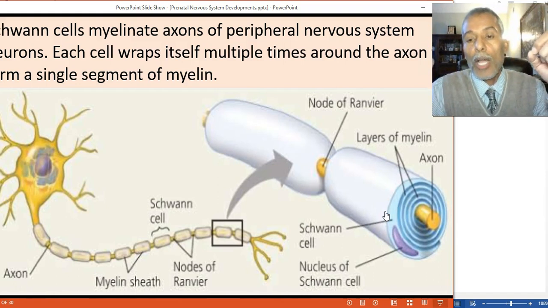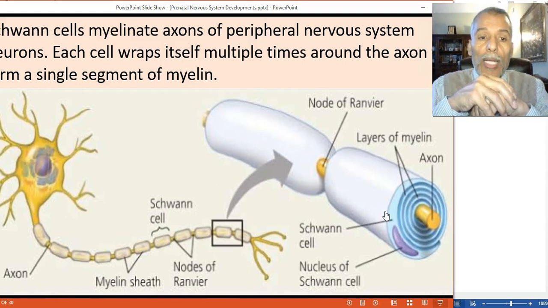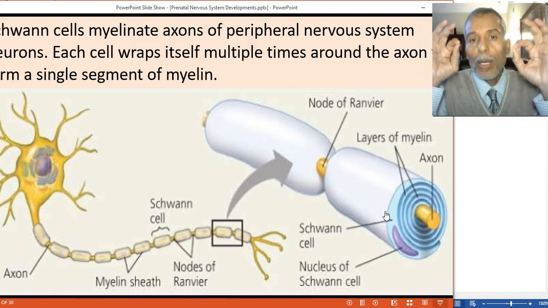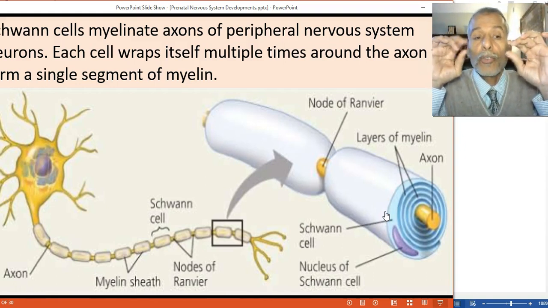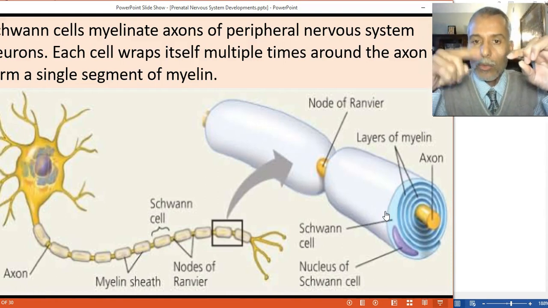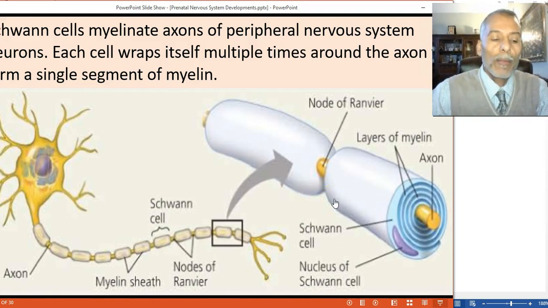Like a very young child is not going to have so many layers of Schwann cells on axons. So every single axon of the motor system or sensory peripheral nervous system is going to have multiple segments of Schwann cells. So Schwann cells myelinate the axons of peripheral nervous system neurons. So that's the third kind.